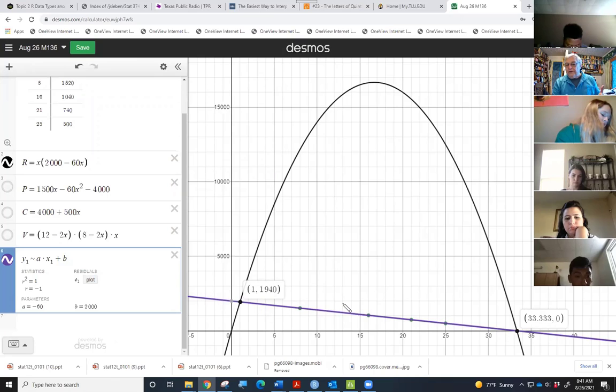Where 2 graphs intersect, Desmos says that's an interesting point. Now, this is the price demand function, so I don't know that there's a practical interpretation for us for these 2 points. But anytime two graphs intersect, Desmos thinks that's potentially pretty interesting. So maybe we don't need those right now.